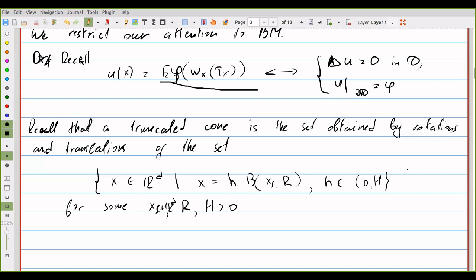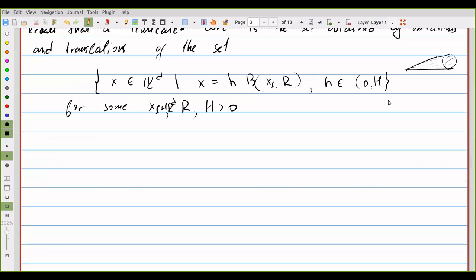So it's just the ordinary cone, without the boundary of the cone, the vertex excluded.